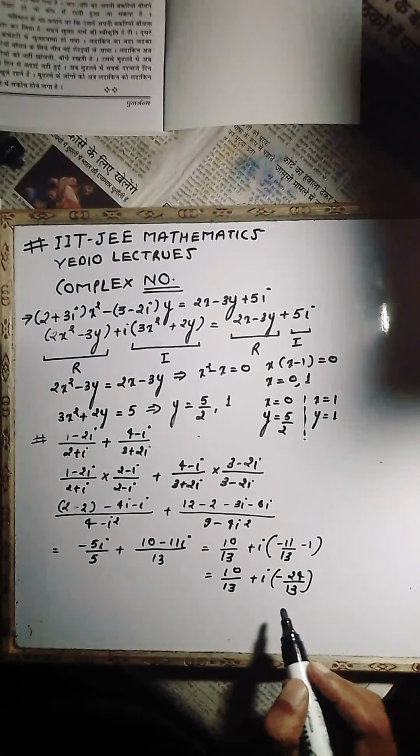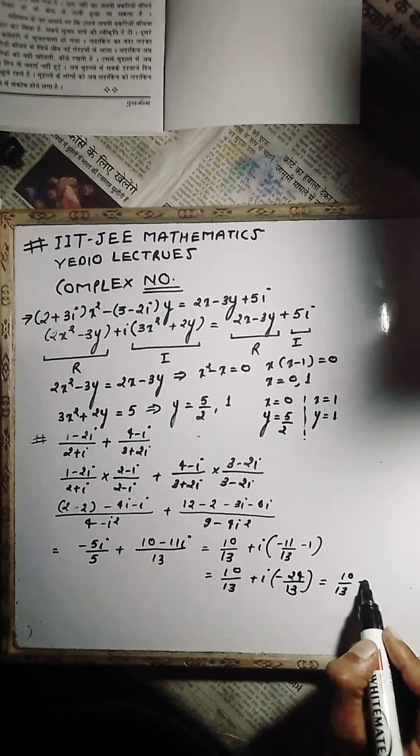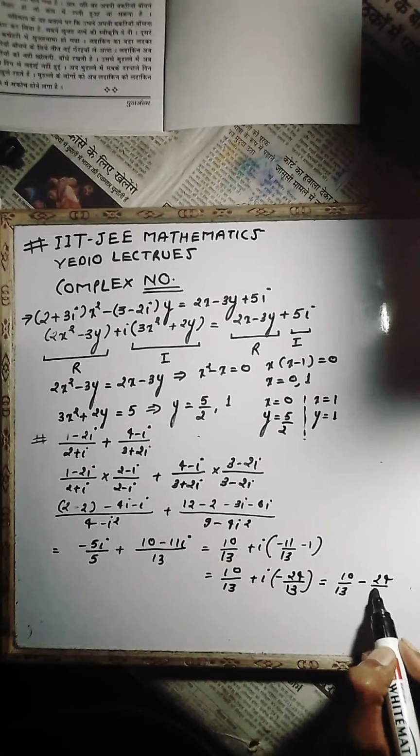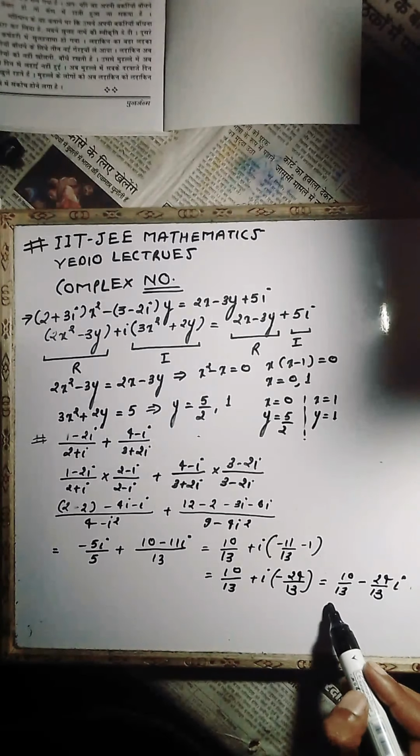So it will be 10 by 13 minus 24 by 13 iota. So this is your required answer.